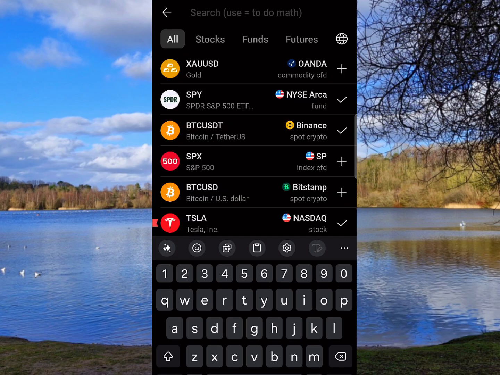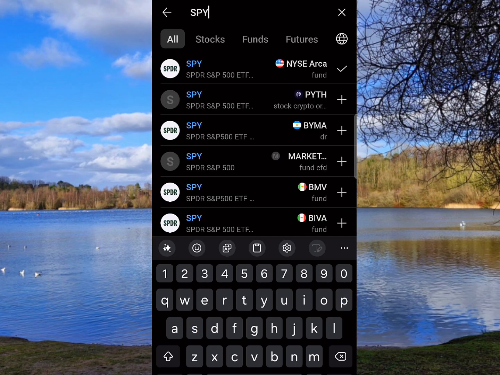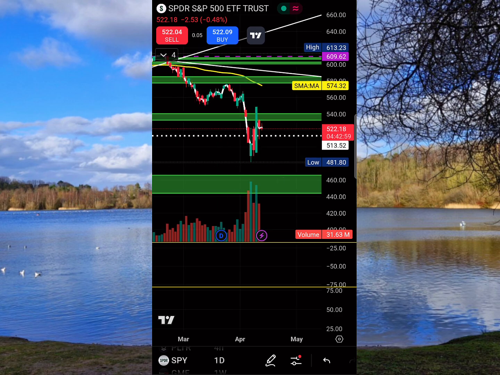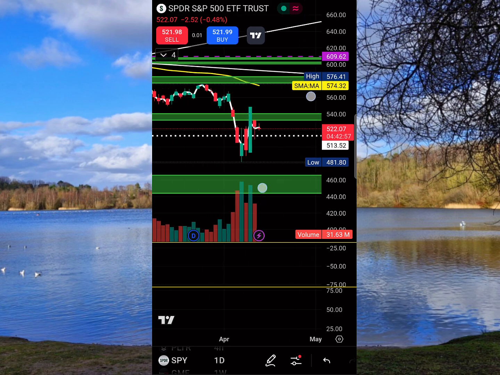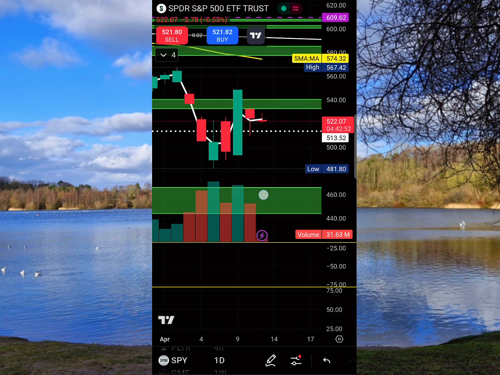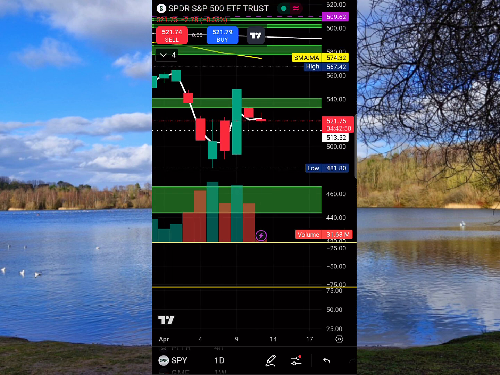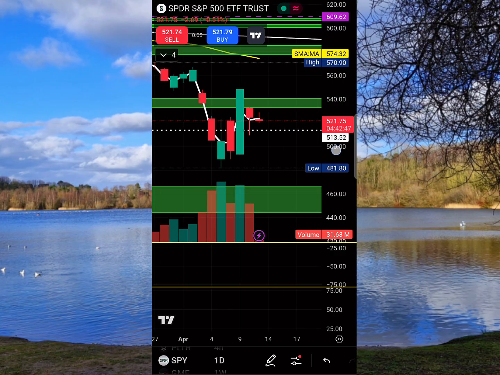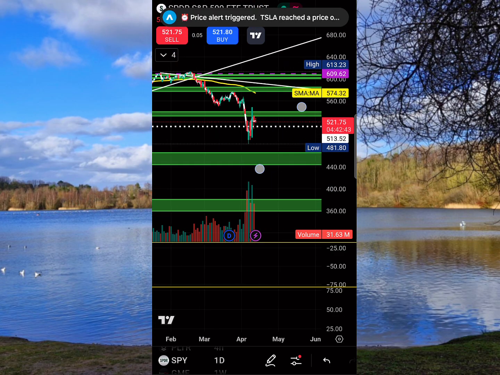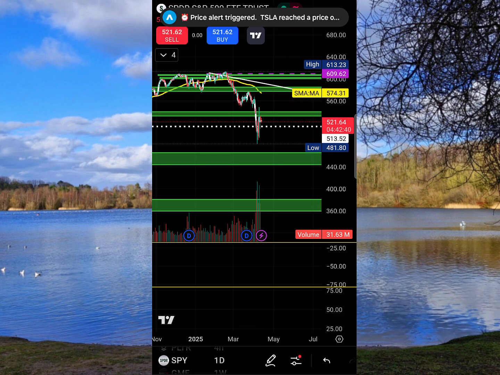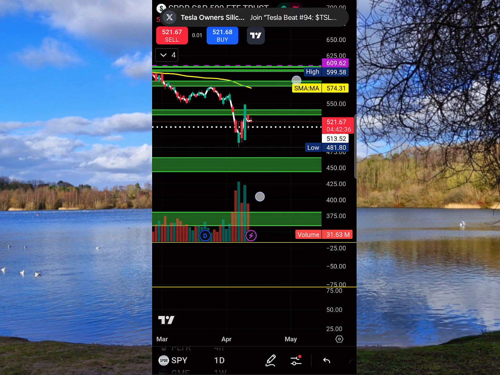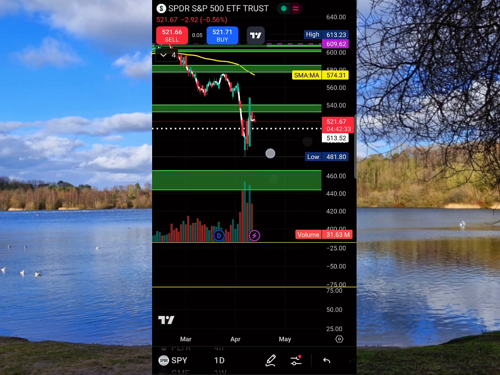So if we go to the SPY, the S&P 500, you can see on the daily the SPY had crazy moves today and yesterday, but today it looks as though it's heading back down again, because even though there is a relief in the actual tariffs for 90 days or for however long, it's still there.